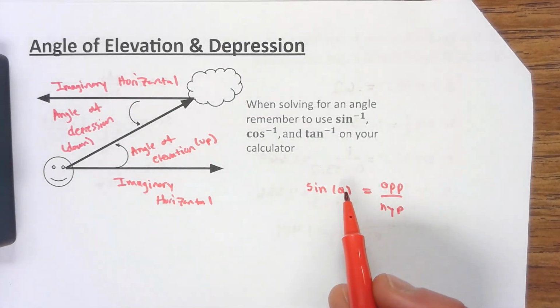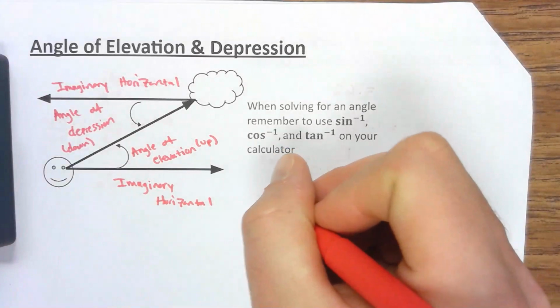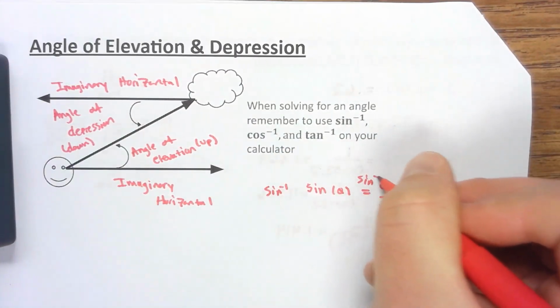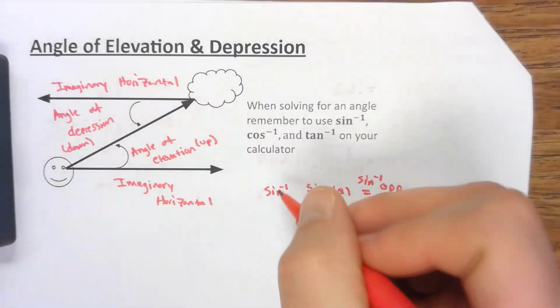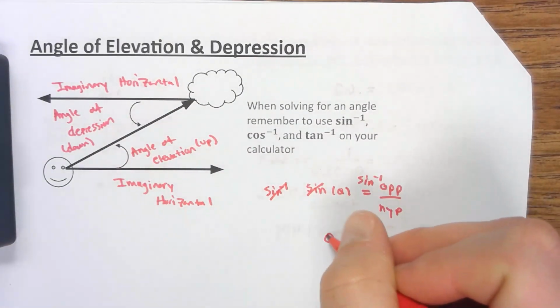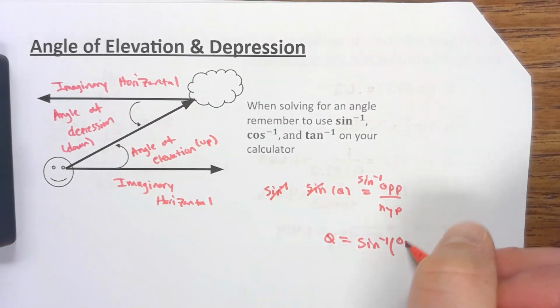So if I want to solve for the angle, I need to undo taking the sine, and that happens by taking the inverse sine, which I would do to both sides. The inverse sine gets rid of the sine, and thus the angle is equal to the inverse sine of the ratio of side lengths.